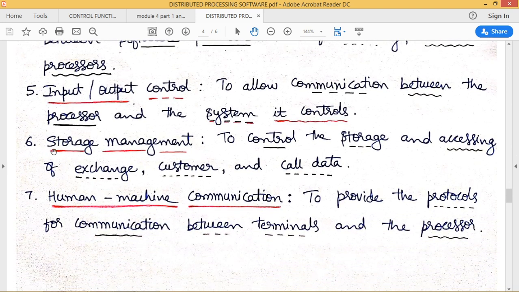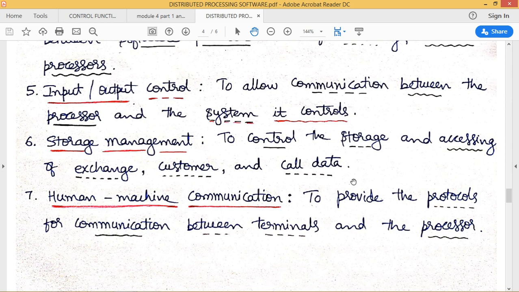And we have to deal with certain functions like storage management also, to control the storage and accessing of the exchange, and also to control the accessing of customer and call data, we need storage management.